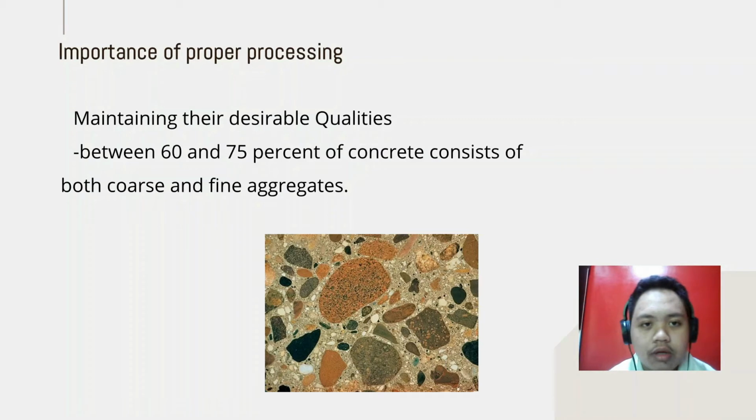So mostly sa mixing ng ating concrete, most of the materials we will be using is from the aggregate. Sila yung mas common when it comes to mixing concrete. So kaya kailangan natin ma-maintain yung desirable qualities nila.